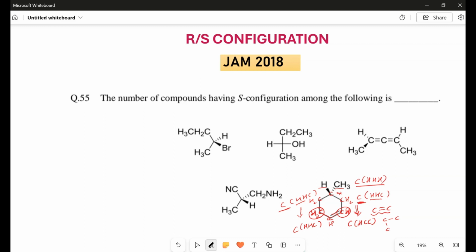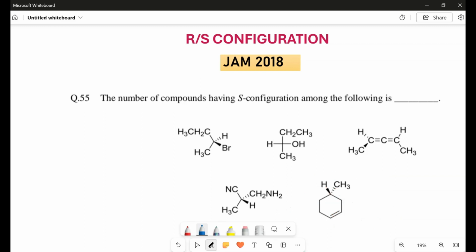So now you can see you have H, H, C here and H, C, C here. Obviously two carbons will take higher priority. Therefore this particular carbon has first priority, this carbon gets second priority, CH3 gets third priority, and hydrogen fourth priority.